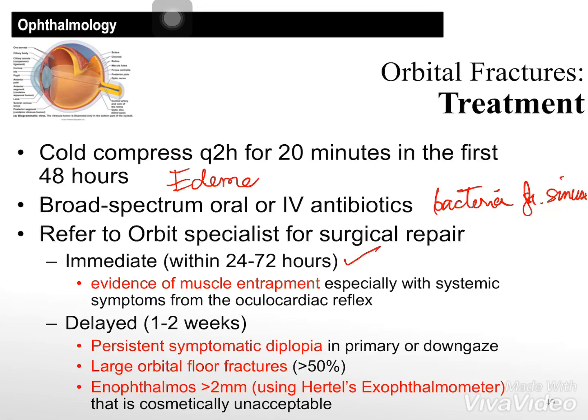And we do surgery only when there is persistent symptomatic diplopia, when there is a really large orbital floor fracture, and if there is an enophthalmos of more than 2 mm, resulting in a cosmetically unacceptable appearance. So those are the only indications for orbital surgery later on.